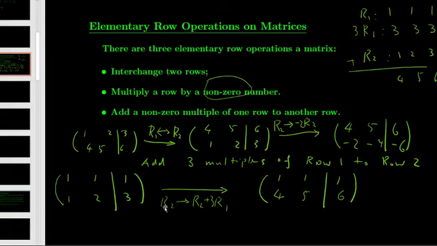The new row 2 becomes the old row 2 plus 3 multiples of row 1. So that makes sense? I want to repeat: the new row 2 becomes the old row 2 plus 3 multiples of row 1. A little bit more comment on this.